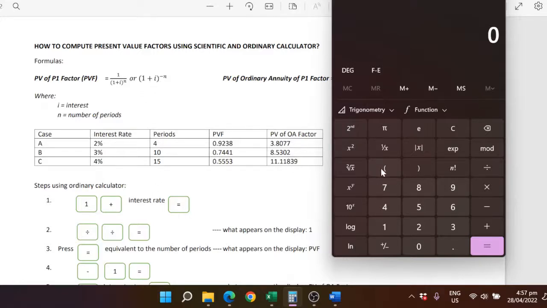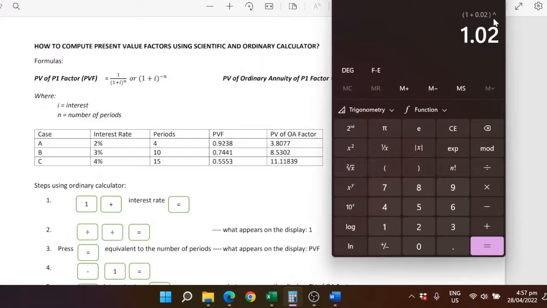Open parenthesis, then 1 plus the interest rate 0.02, close parenthesis, and then find this button in your calculator, or they have this caret and this symbol. If you can see this symbol in your calculator, you can also use that.